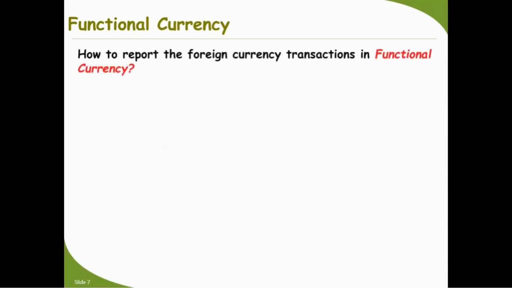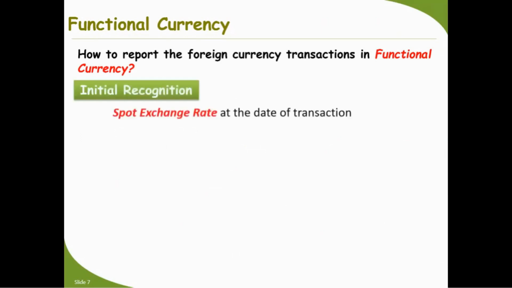First of all, the first question is how to report foreign currency transactions in functional currency. Let's assume Bangladeshi Taka, how will Bangladeshi Taka be reported in Pakistan? For that purpose, initial recognition would be at the spot exchange rate at the date of transaction.